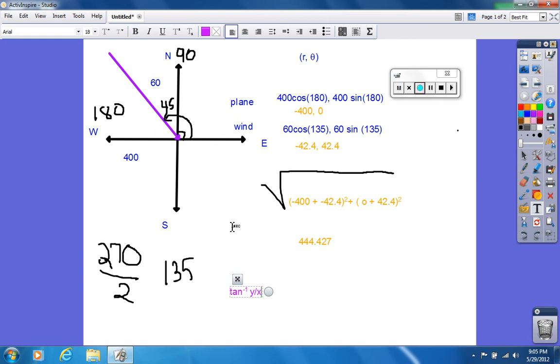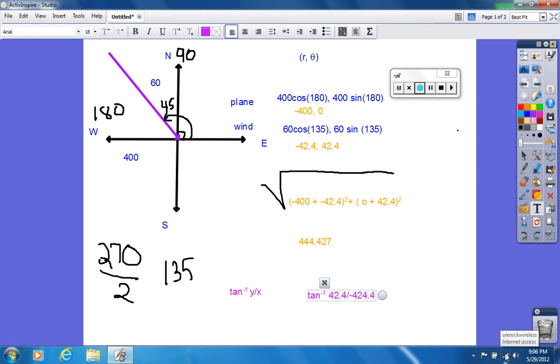So my y is going to be the 42.4 because 0 plus 42.4. So I'm going to do tan to the -1 of 42.4 divided by -442.4. Okay? So it's my y over my x.